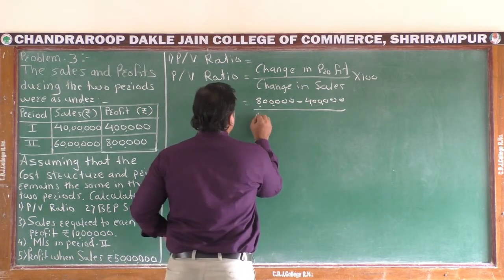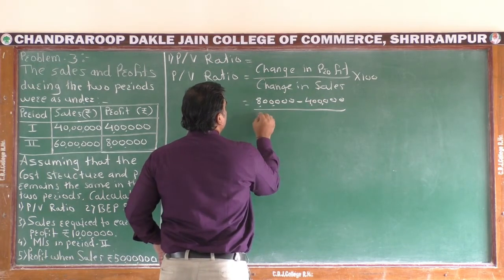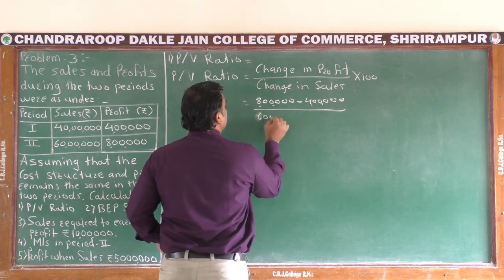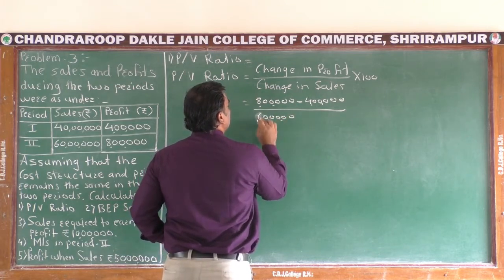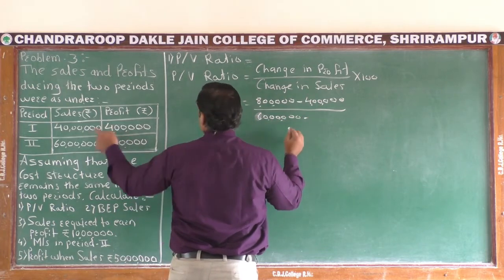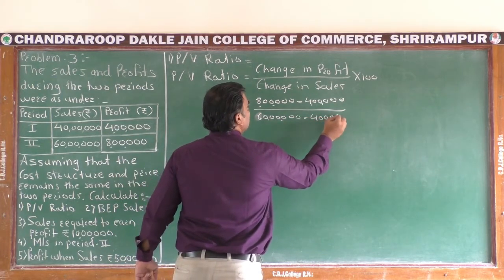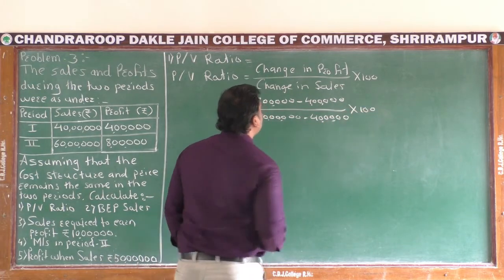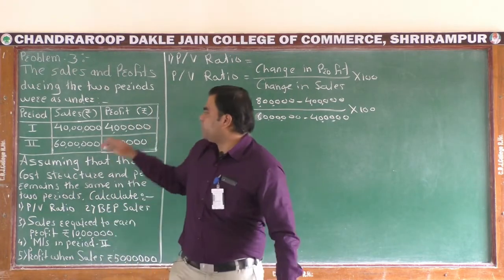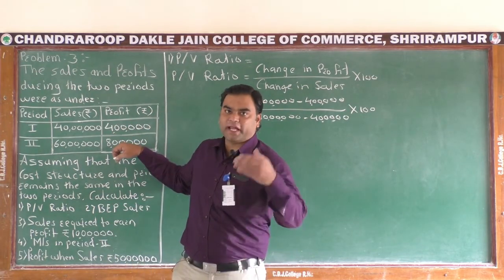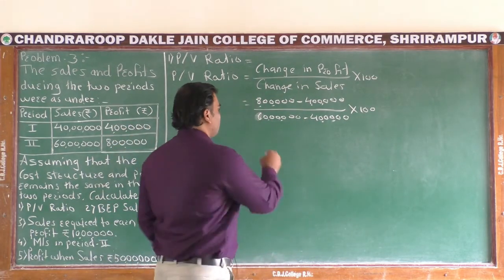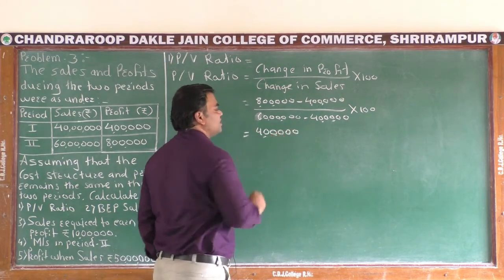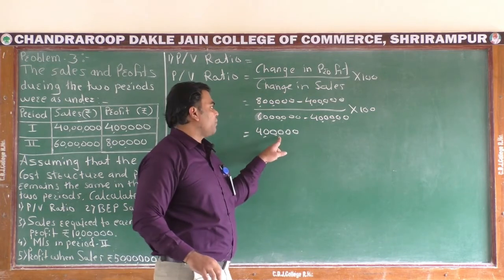How you can see? It was 60 lakh less 40 lakh into 100. Now you can see profit was 4 lakh, it is increased to 8 lakh, means profit is increased or changed by rupees 4 lakh.